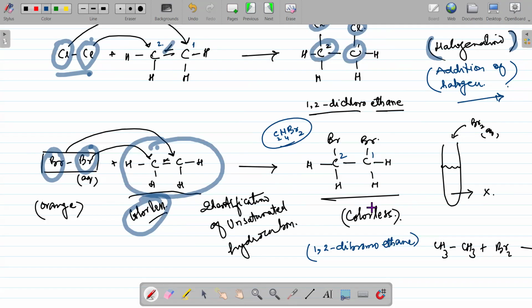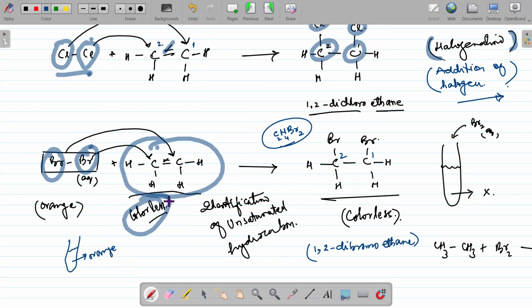Okay, this reaction has importance in our chemistry lab work. Actually, the color of aqueous bromine is orange. When we get aqueous bromine in our lab, it's in the liquid state and its color is orange.